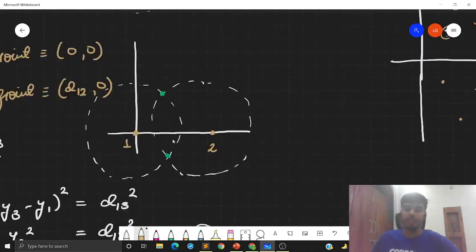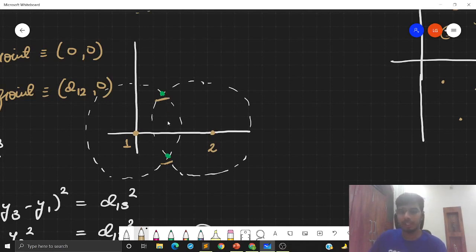So this means that suppose originally this particular point was coming out to be the third point, then in that case I can take the reflection of all the points along the x-axis and get this point.